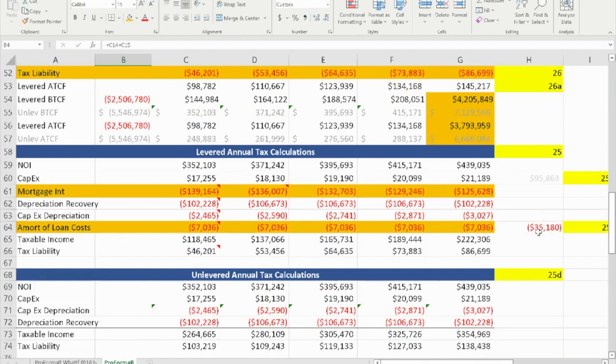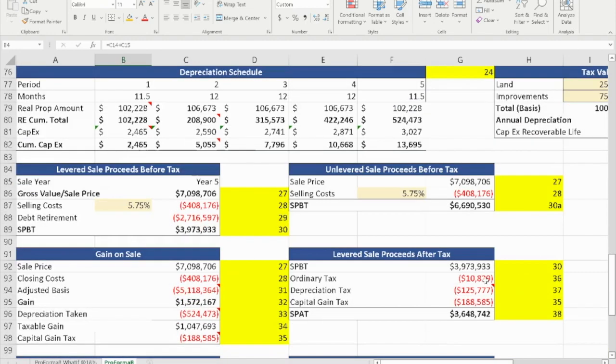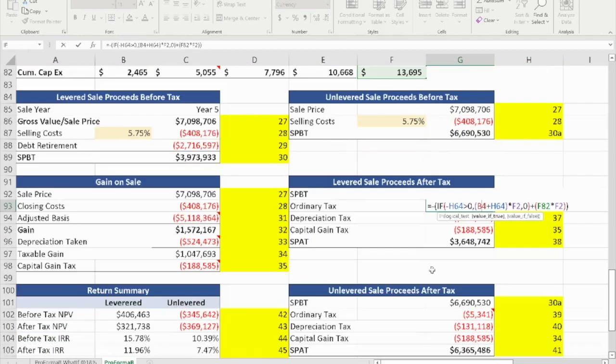For example, your loan cost was $49,000 and you got credit for $35,000. The difference is $14,000. You're going to be taxed on that, as well as on the cumulative depreciation. The formula is pretty lengthy, so I'll pause here for a second. You can pause the video to copy the formula.